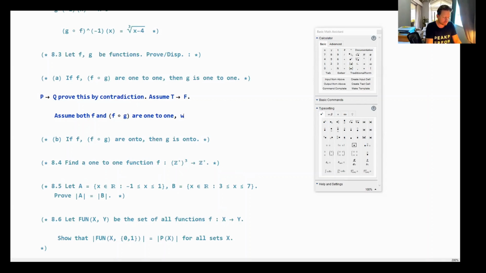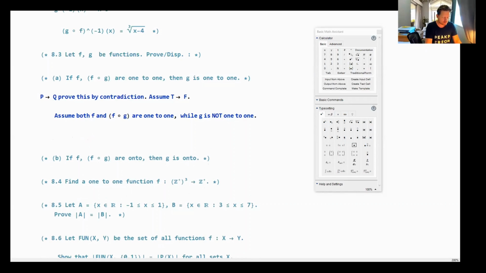But while g is not one-to-one. I'll put this in capital, so not one-to-one. Okay, so under this assumption then there exists, say, an x and a y, such that g of x is equal to g of y and x not equal to y.